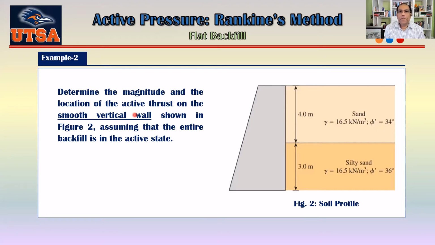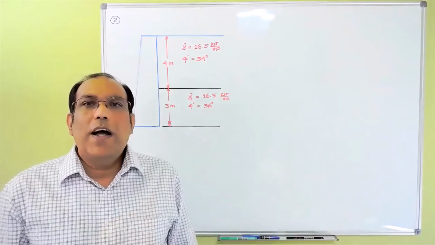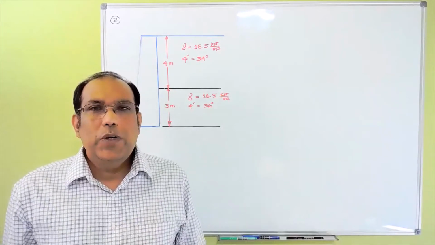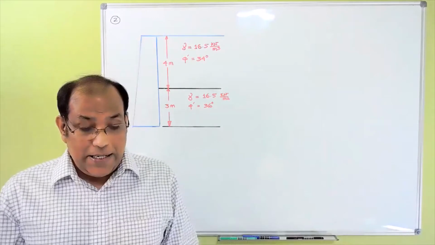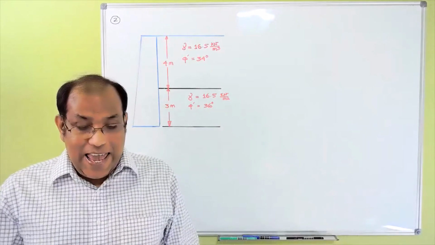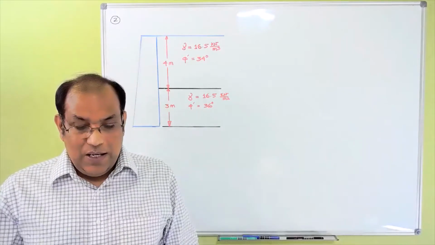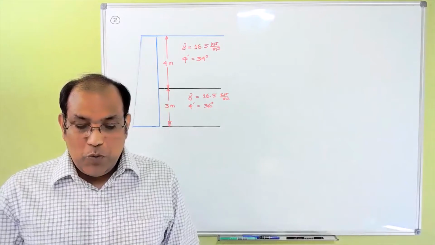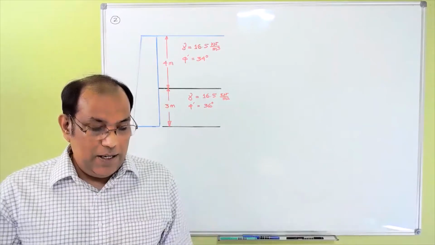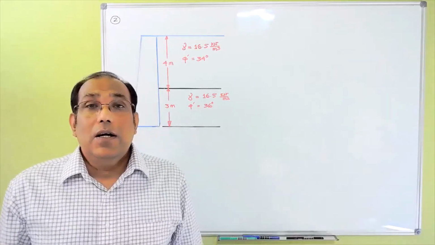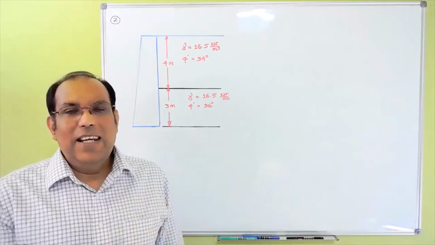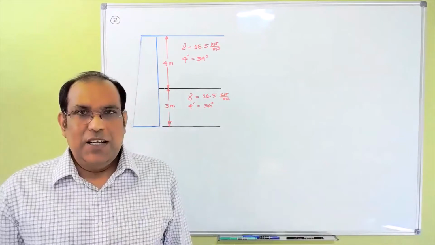So this is the drawing for problem number 2. It is asking to determine the magnitude and the location of the active thrust on the smooth vertical wall shown in the figure. So assume that the entire backfill is in active condition.